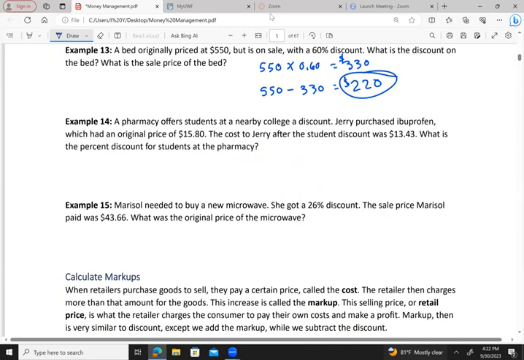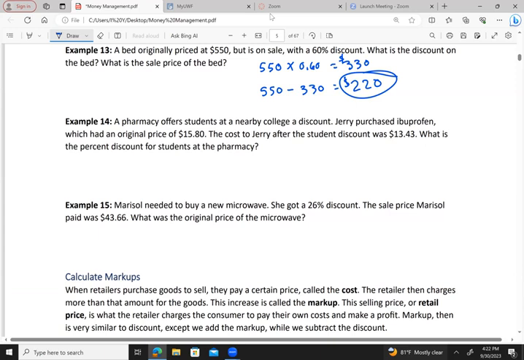A pharmacy offers students at a nearby college a discount. Jerry purchased ibuprofen, which had an original price of $15.80. The cost to Jerry after the student discount was $13.43. What is the percent discount for students at the pharmacy?